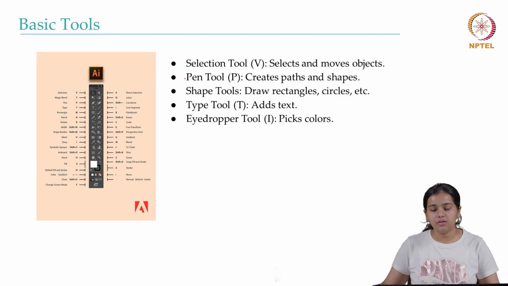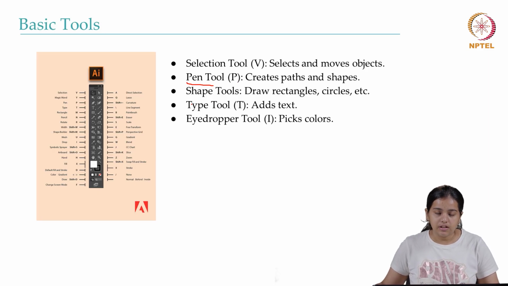The selection tool is used to select objects, and we can move them and modify them. With the pen tool, we can create paths and shapes, and with the shape tools we can directly make shapes like rectangles, squares, triangles, circles.